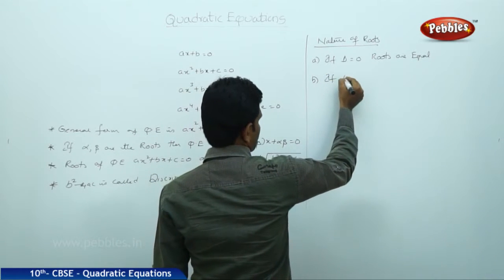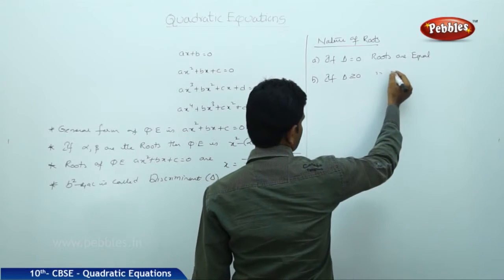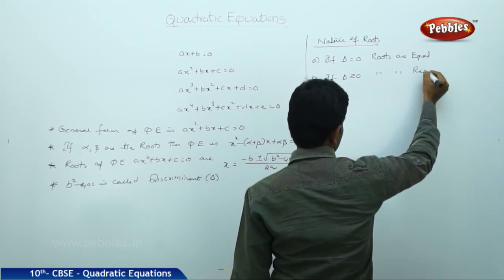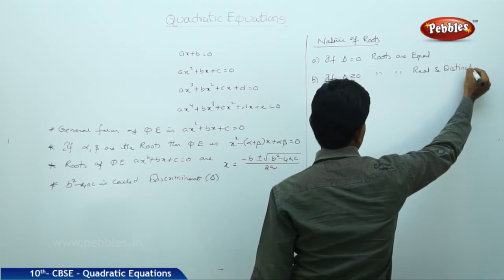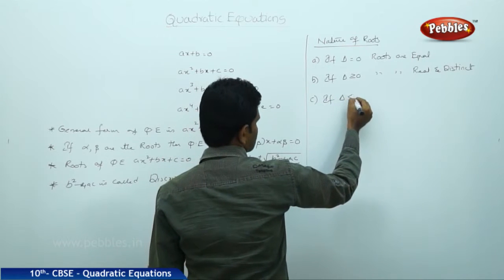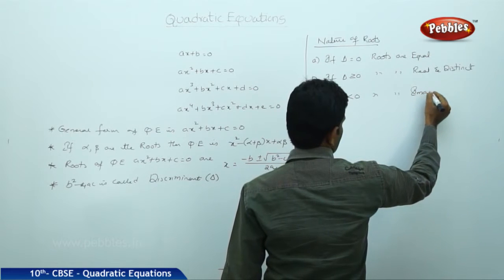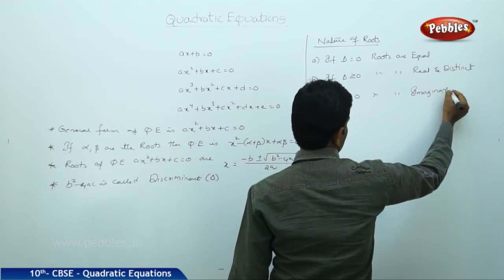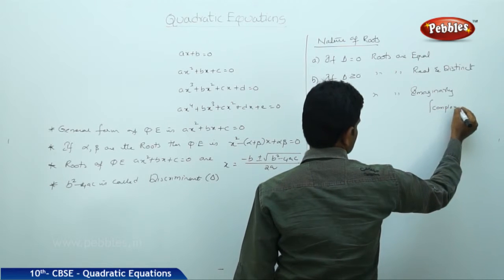Next, if delta is greater than 0, then the roots are real and distinct. Next, if delta is less than 0, then the roots are imaginary, which is nothing but complex roots.